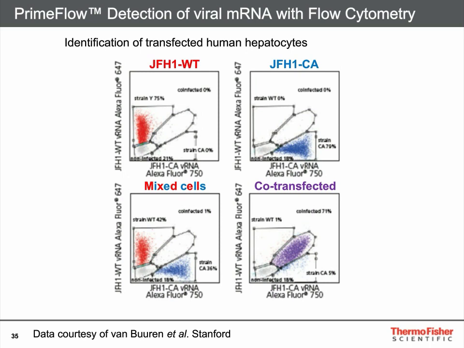So in this case, we see an example of the PrimeFlow assay on a sample of cells where we're detecting both wild type and codon-altered viruses. And we see on the top left, we're able to specifically identify our wild type virus via PrimeFlow and eFluor 647. Top right, we can specifically identify the presence of RNA from our codon-altered virus.